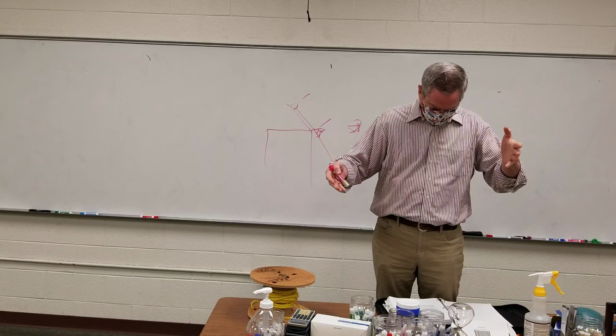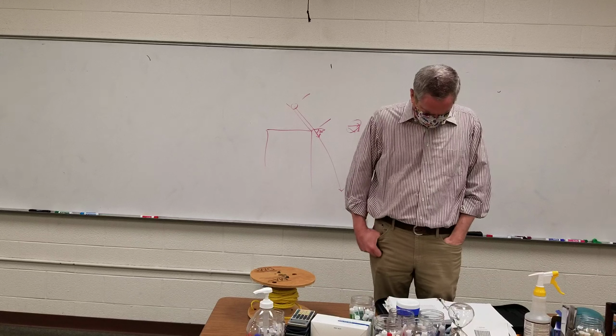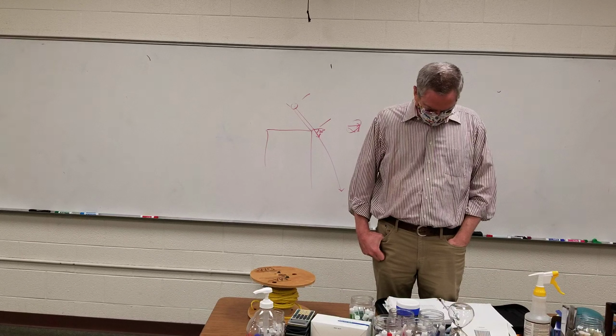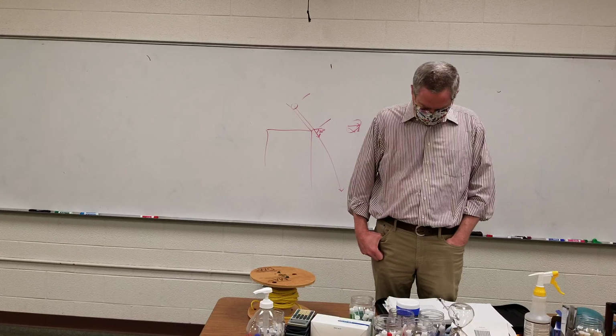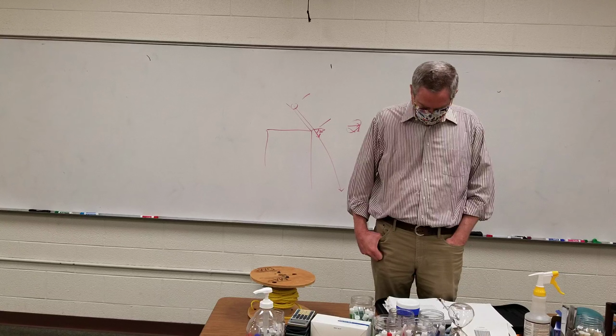Okay. So what's your question? I was good with the numbers that we have to use, but I'm confused on the signs. With the initial velocity, that 42 meters per second, would that be positive or negative? It depends on how you define it.